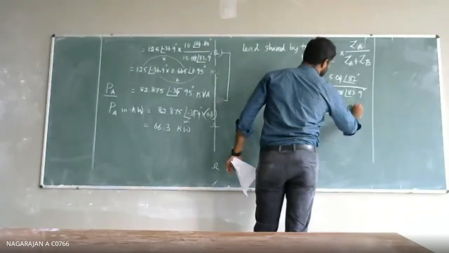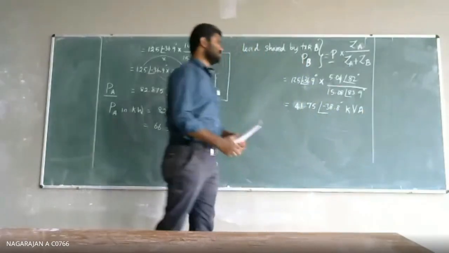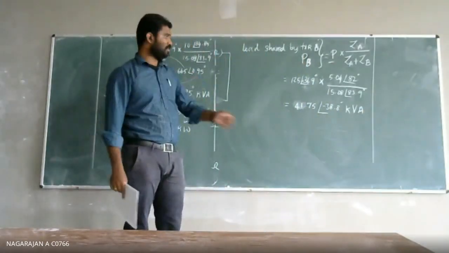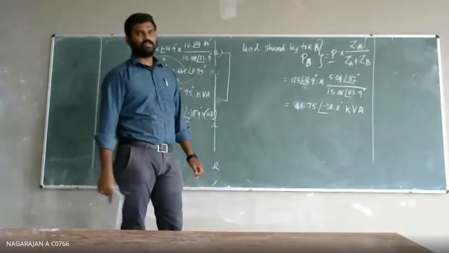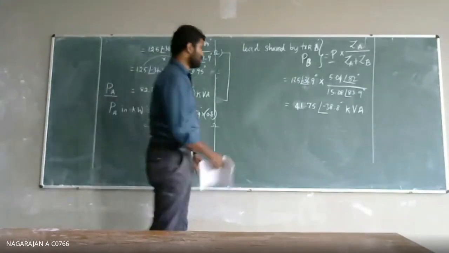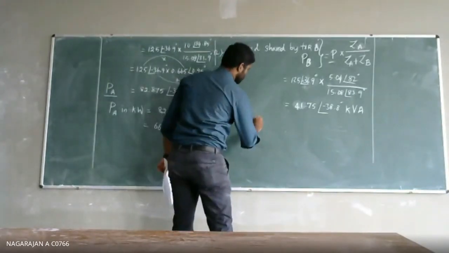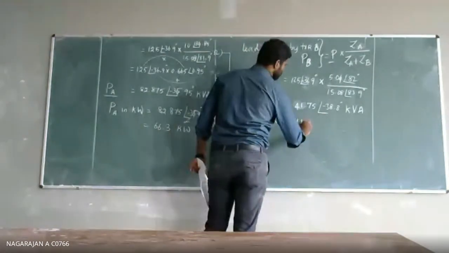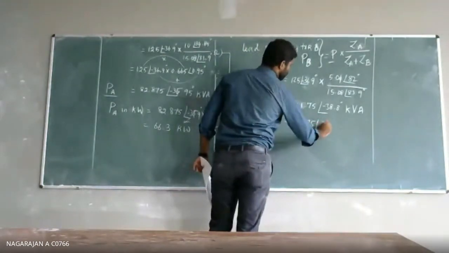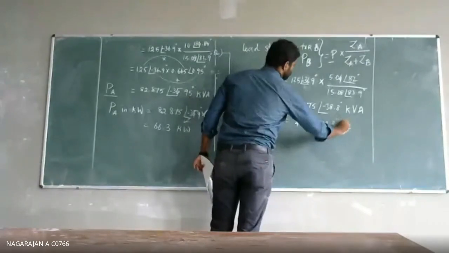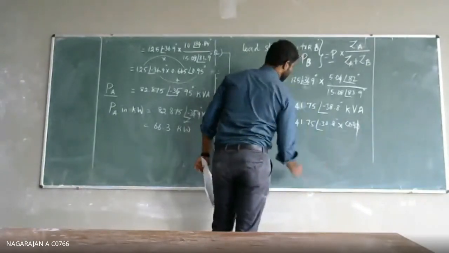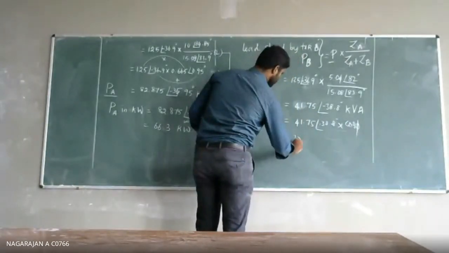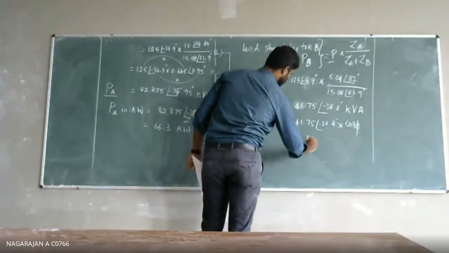This is kVA. Again convert that into kilowatt. In kilowatt, it should be multiplied with the power factor. So the answer will be 32.53.